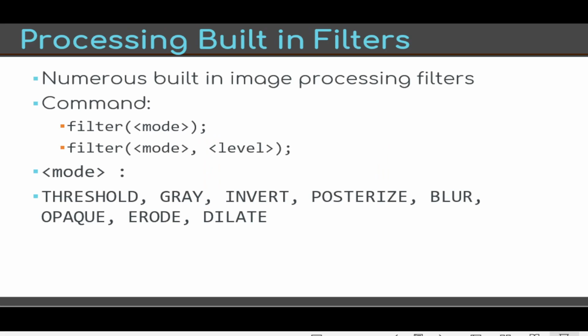There's a whole bunch of built-in filters, which we just sort of looked at: threshold, gray, invert, posterize, blur, opaque, erode, dilate. All of these are just grids that we apply. Some of them have additional values like level. If you want to blur, it has all of our levels. Every time you increase the level, it increases the width and height of that kernel, the matrix of the filter, by 1.